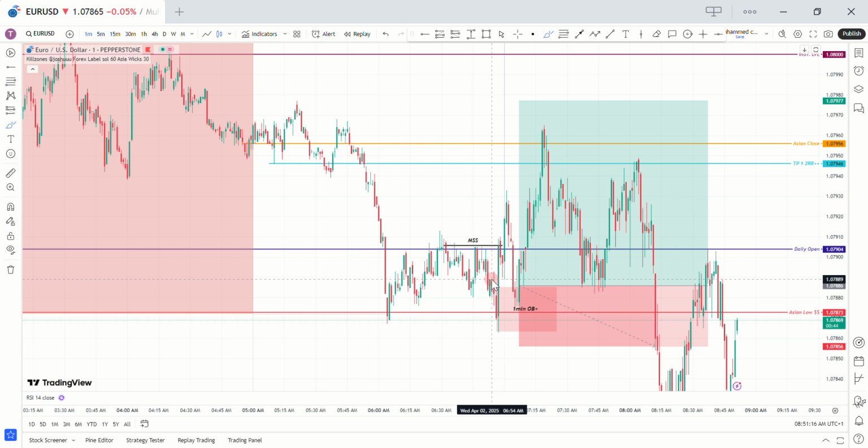So I just made my execution and left everything. Because if you think too much while you are trading, that means you don't trust your system. As soon as price came and tapped into the order block, I just executed.